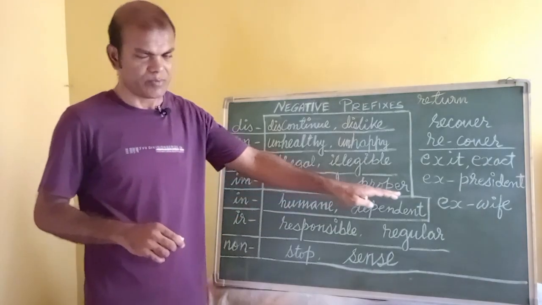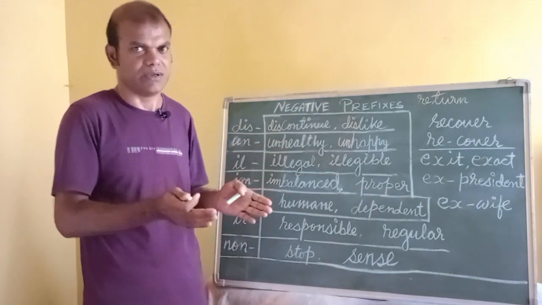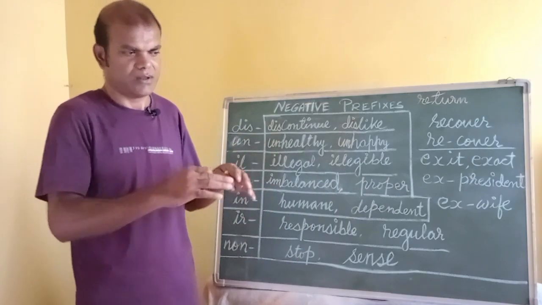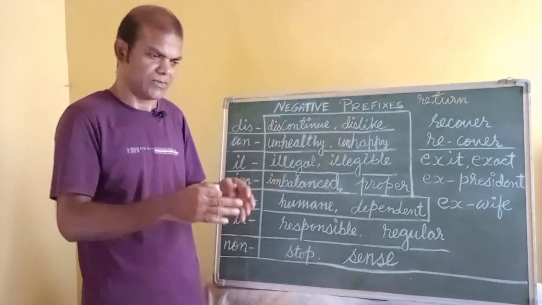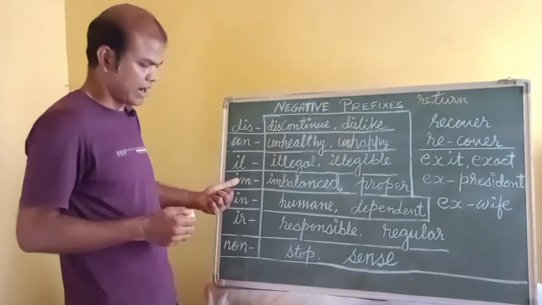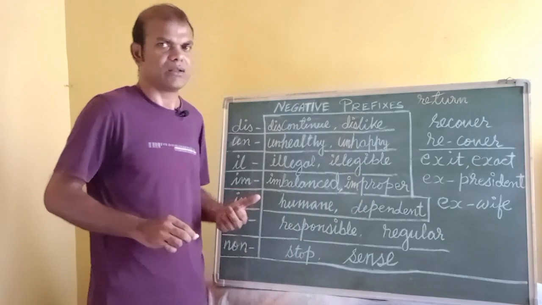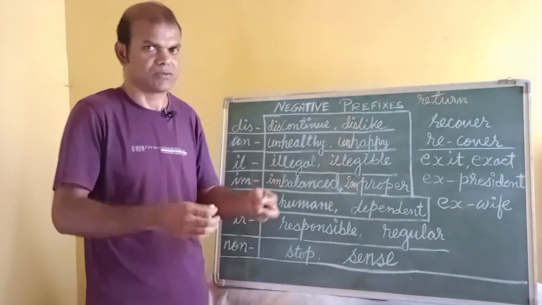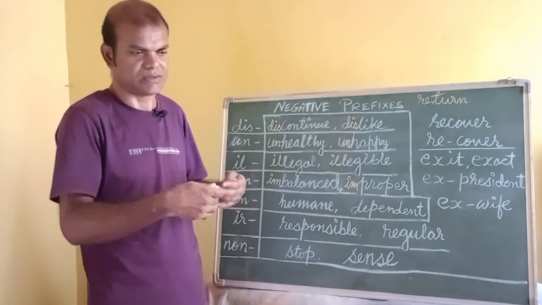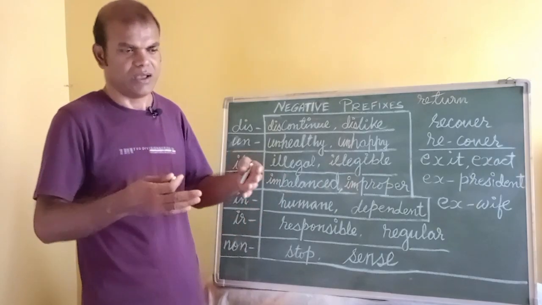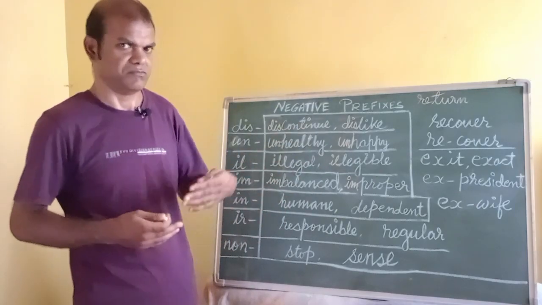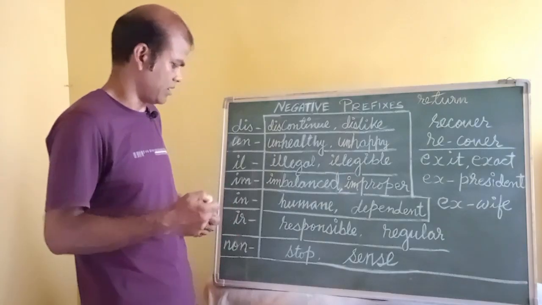Now proper means you are doing something in a good manner or as it should be done. If we add im before it, we'll get improper. Now that work is not done properly, something is missing in it, or it is not being done in the manner it should be.